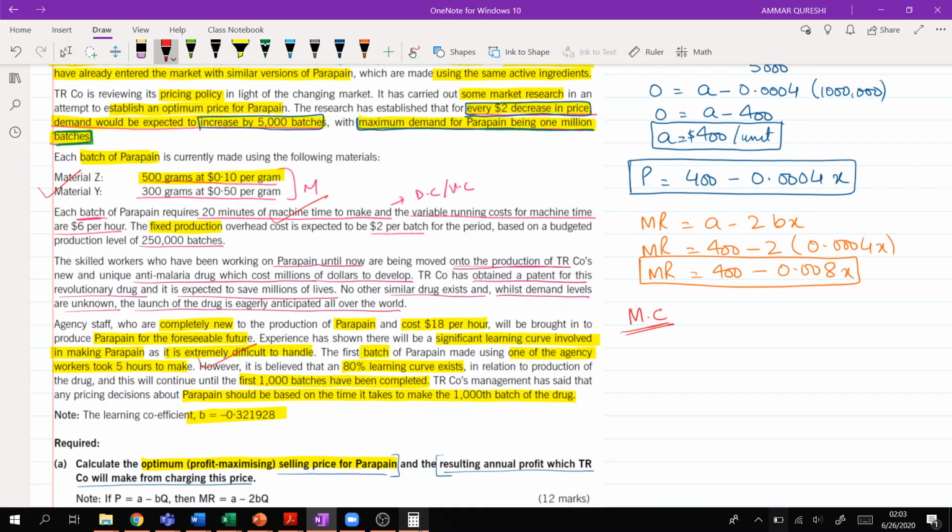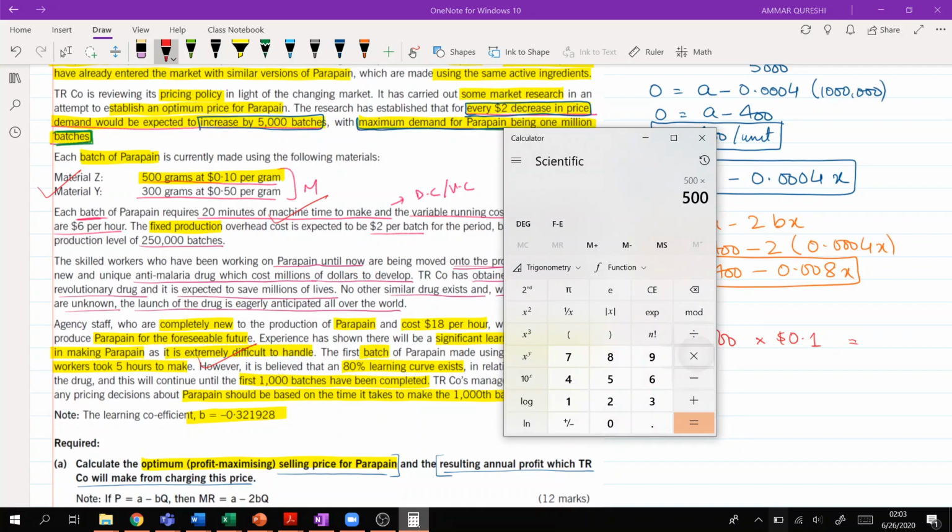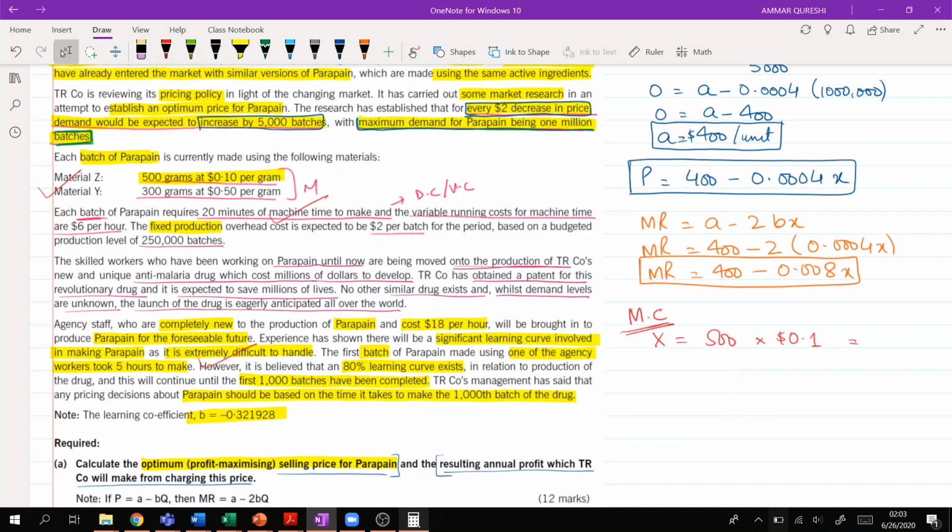This is in grams, so let's calculate it in grams. 500 grams multiplied by $0.1 per gram equals 50, right?